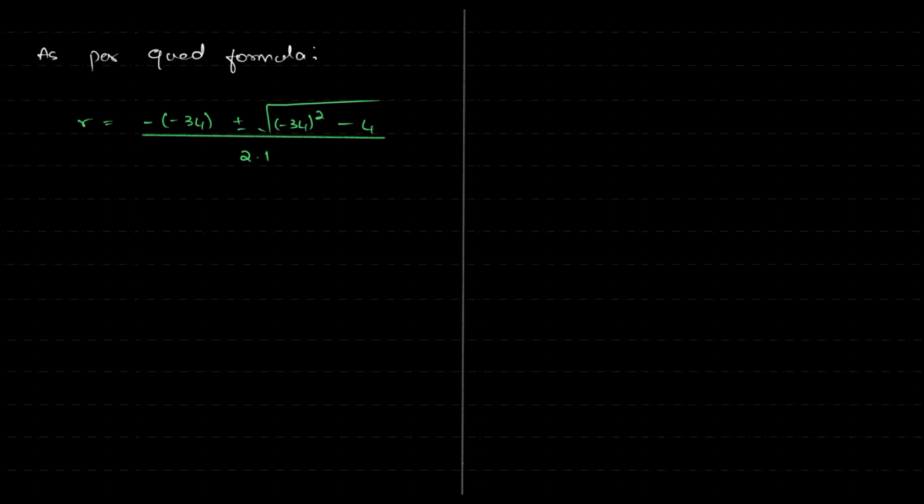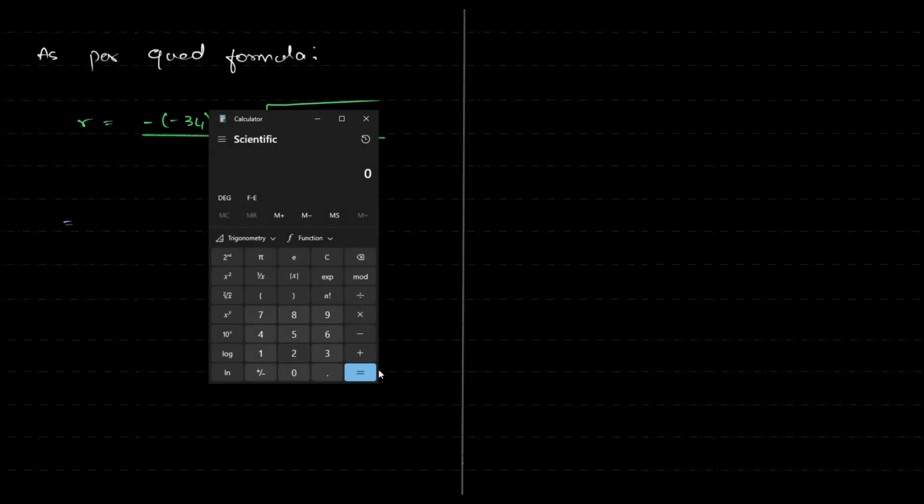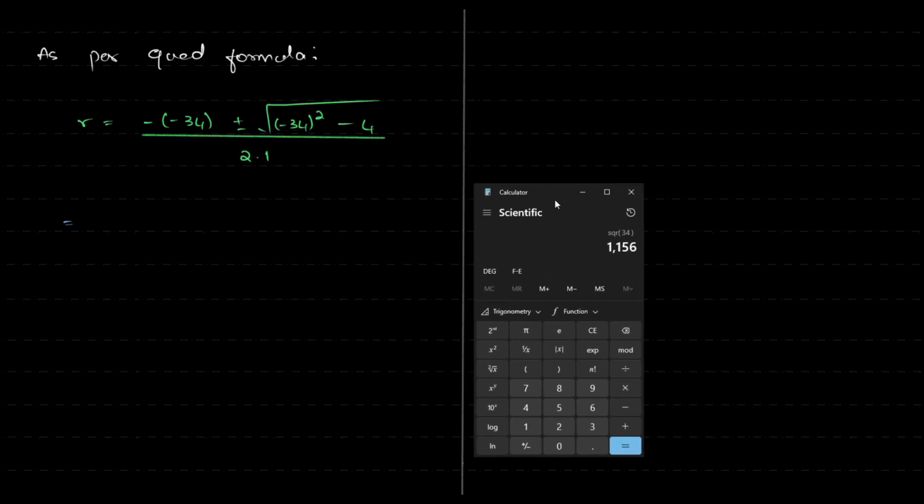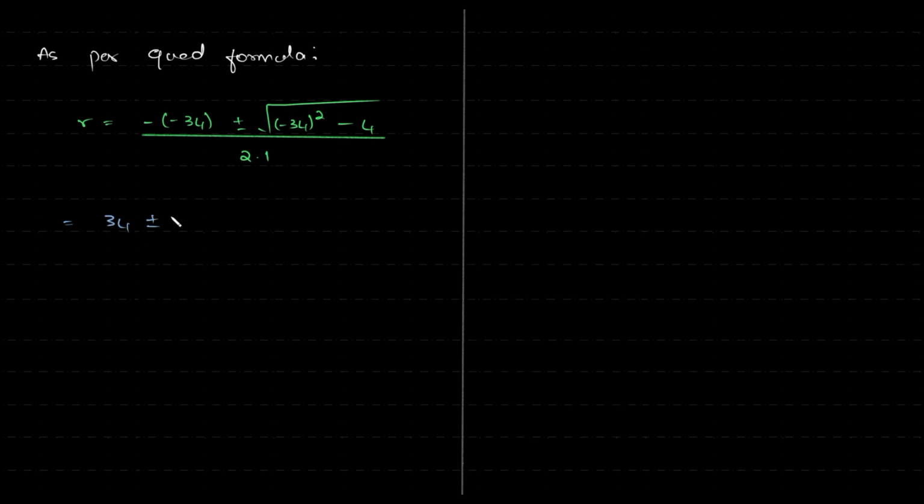Then what else do we have? Okay, so this is what we have to simplify. 34 square, 1156, so 1152. So 34 plus or minus square root of 1152, divided by 2.